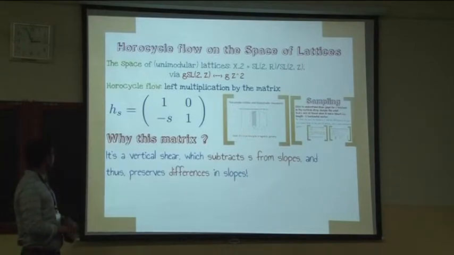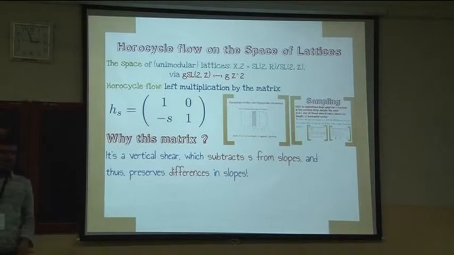The horocycle flow is, for our purposes, this lower triangular unipotent subgroup, 1, 0, minus S, 1. The reason we like this guy is that what it does is it shears vertically. So for instance, if you're looking at me and I'm the y-axis, so this will be the positive side for you guys, I think, yes?